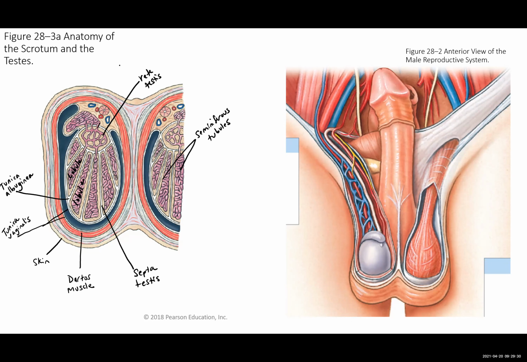The rete testis then has an efferent ductule that takes the sperm cells to the epididymis, which is of course that structure that we can see right here sitting on top of the testes. This is the location for sperm maturation.